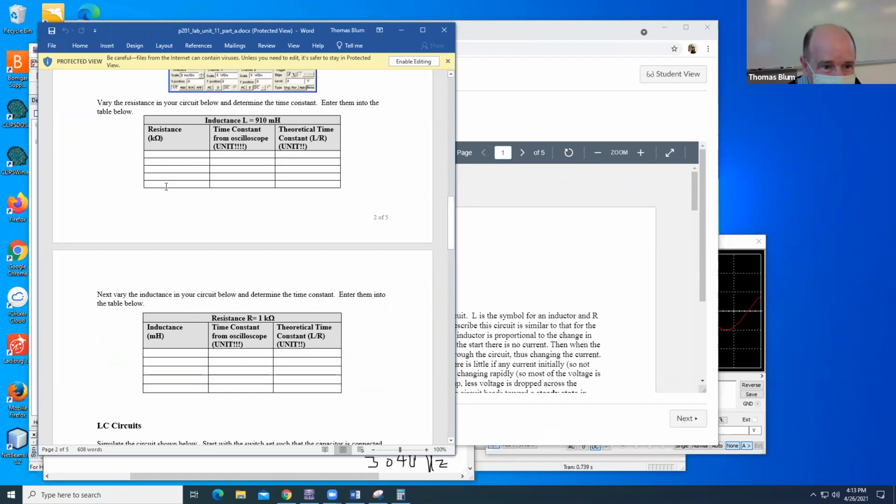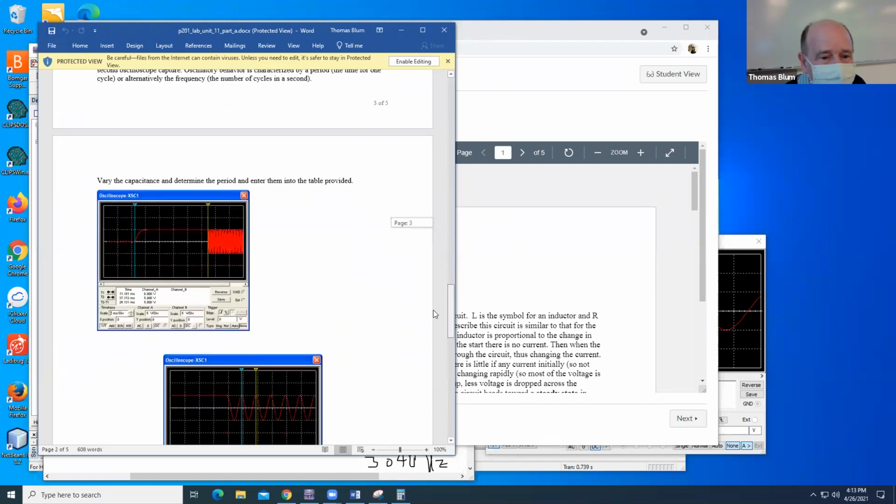So if you only give yourself a small change, you're going to have noise. And even if you don't have much noise, it's going to look linear. And the dependence on the resistance is not linear. So when somebody asks you to vary something, you give a reasonably decent amount of change. So it shouldn't be 1.1, 1.2, 1.3. That's not enough of a change to see what's going on. Okay.